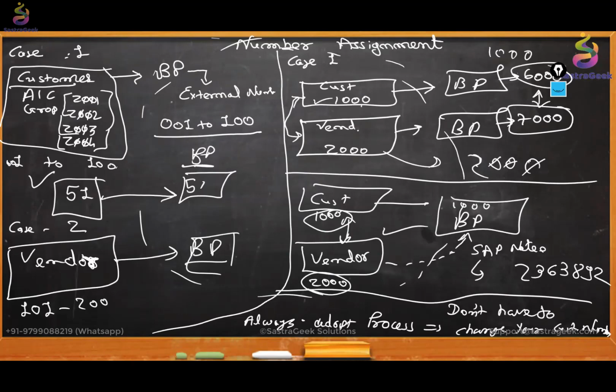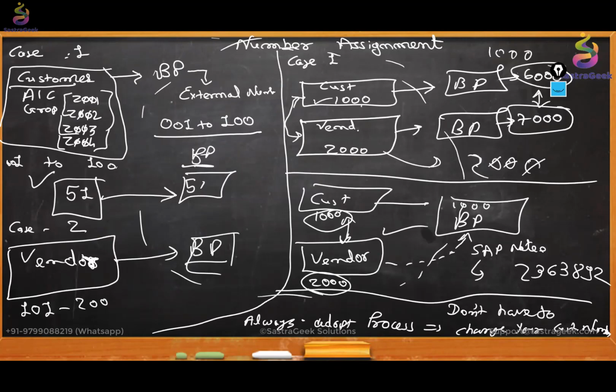In the 2000, that 1000 customer should be assigned. So they must be mutually assigned. The second thing is that they should have the same postal address, so their address information should be the same as well. Third, their banking information, if it exists, should also be the same.